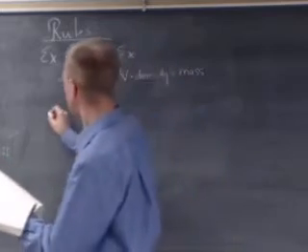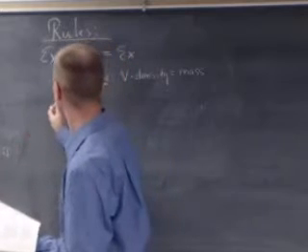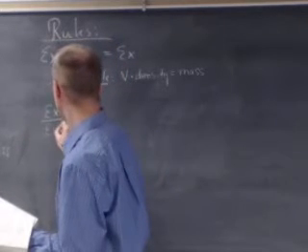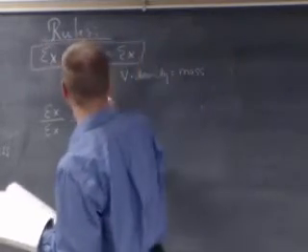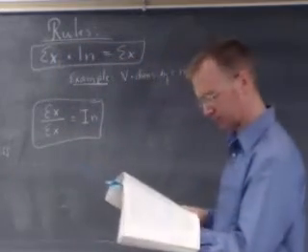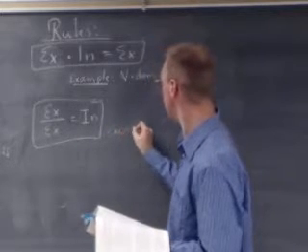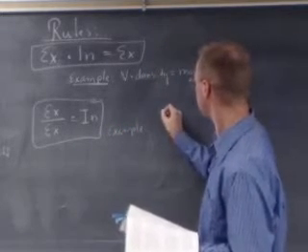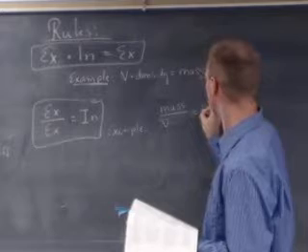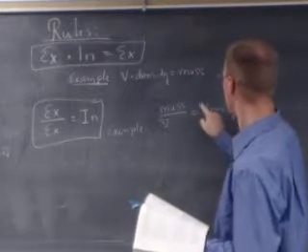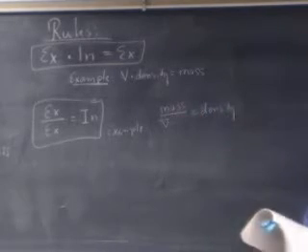Okay? If you divide an extensive quantity by another extensive one, you get an intensive. For example, mass divided by volume, this is extensive, that's extensive, gives you density, which is intensive.